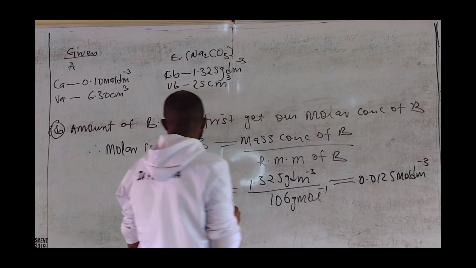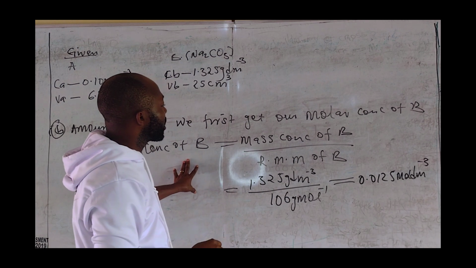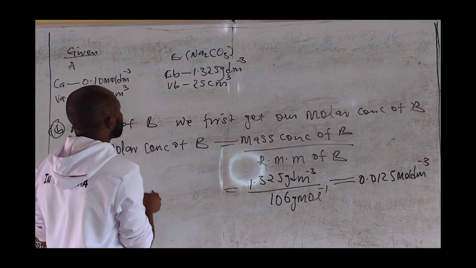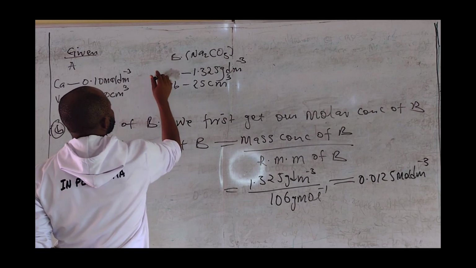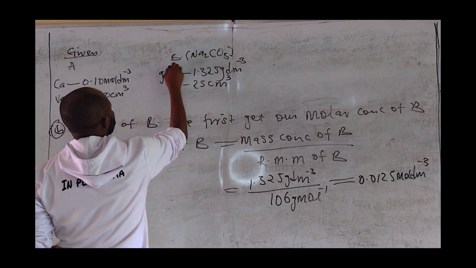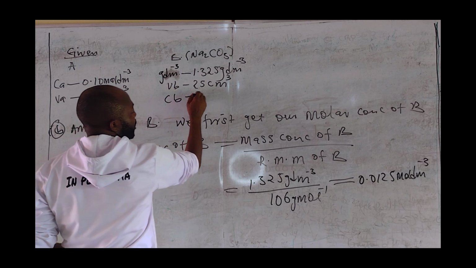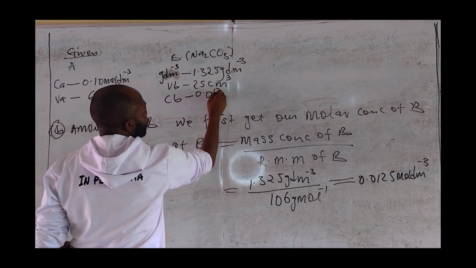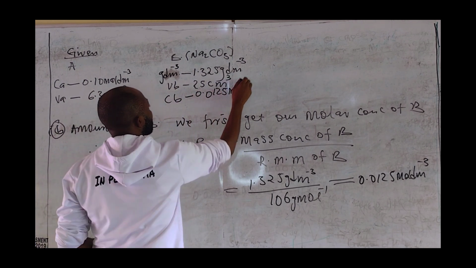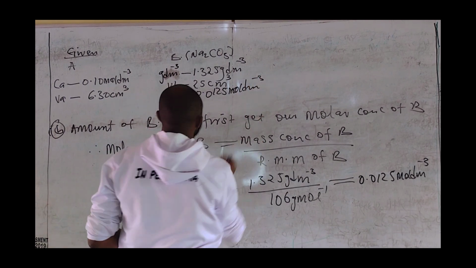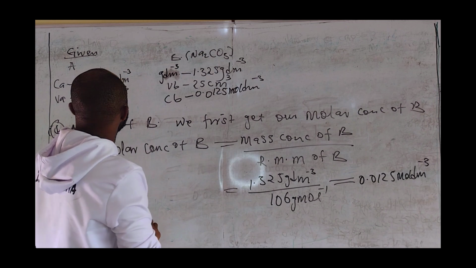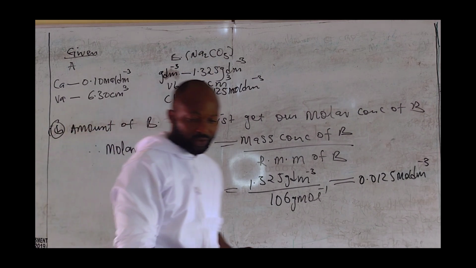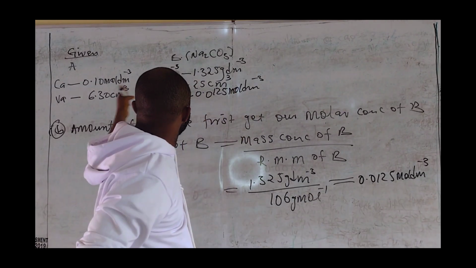So we've been able to get the molar concentration of the base. Sorry, this is g/dm3, not CB. This is g/dm3. Now our CB is 0.0125 mole per dm3. Although I've forgotten what the other one was, I think I'll remember that of A. I'm supposed to take note of that.